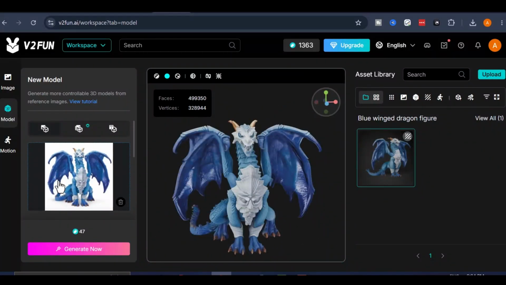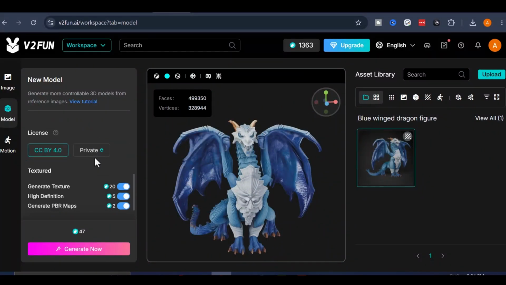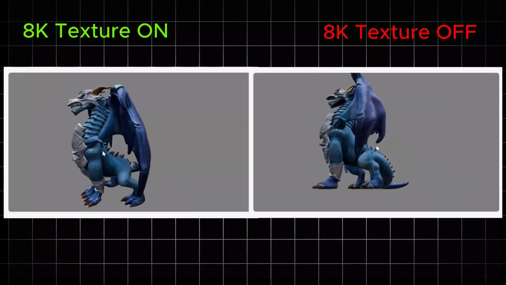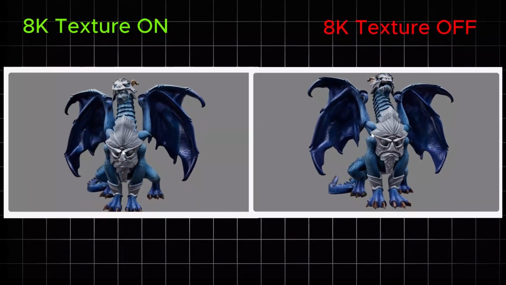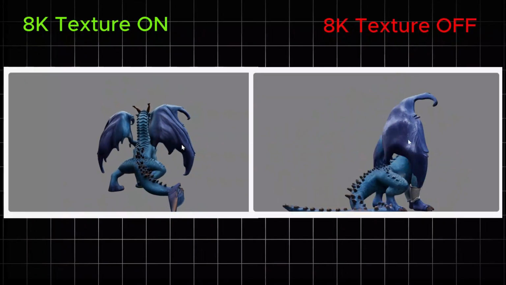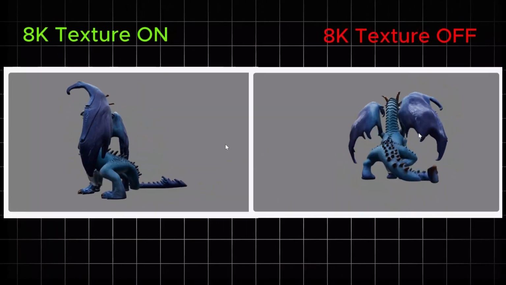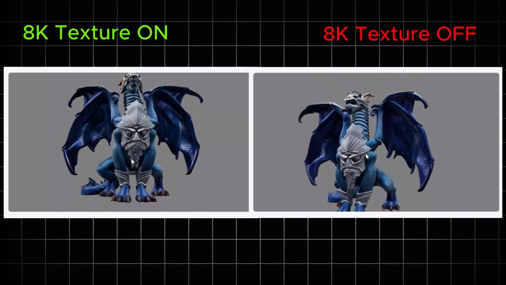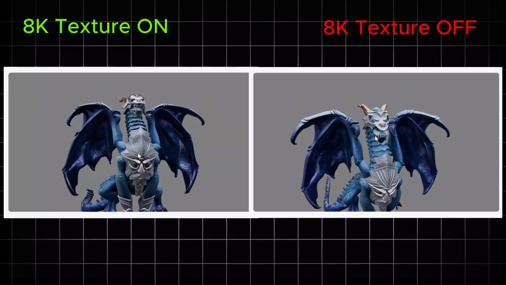Now, let me recreate the same workflow with the same image, but this time, I will turn off the high-definition texture option. I want to show you something. Now here's the real test. Did you notice the difference between these two generations? They were created using the same image and the same workflow. The only difference is that one was generated with standard textures, while the other uses V2Fun's 8K texture option.